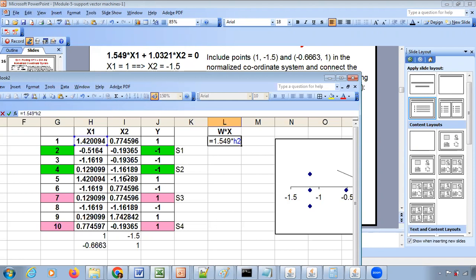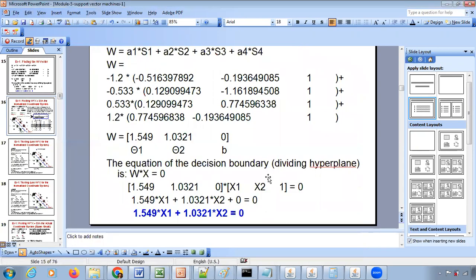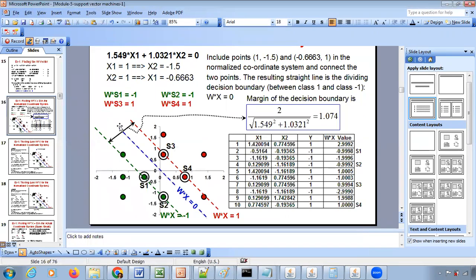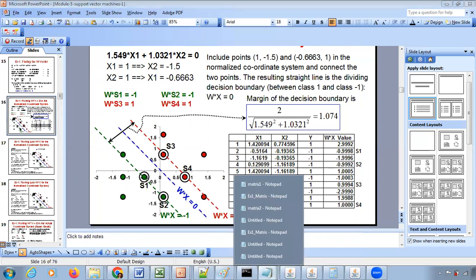This is this plus 1.0321 times x2, which is our I2, and enter, because wx will be equal to 0 just for this line. The data points are lying somewhere else. So we just need to find what is the value of w times x.